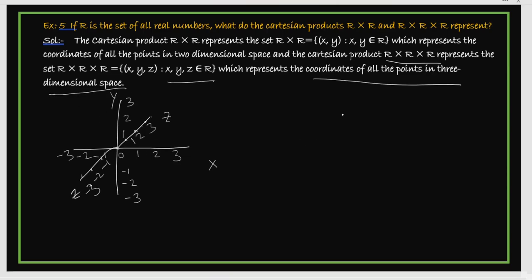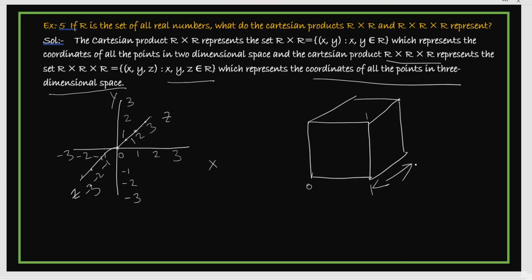This is three-dimensional space. Suppose this is a cube, this is a cuboid, right? From here to here, suppose this is 1. This height is 1. The depth is also 1.